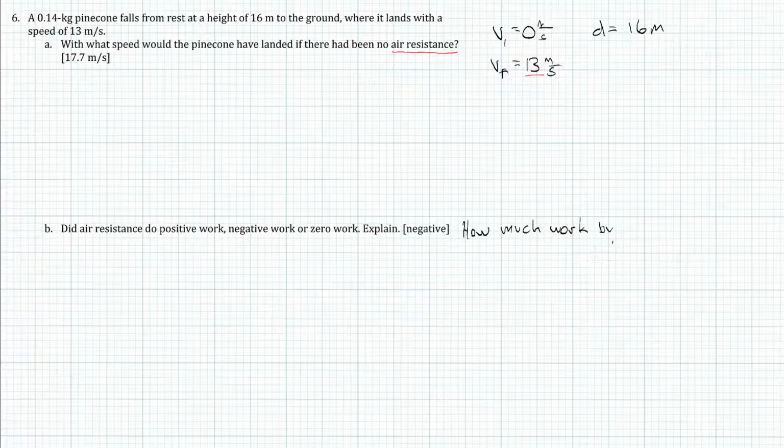We can figure that out, and that's going to tie into our work kinetic energy theorem. That will be an addition to part B of this problem. So let's go ahead and attack part A and see if we can make some sense of that.